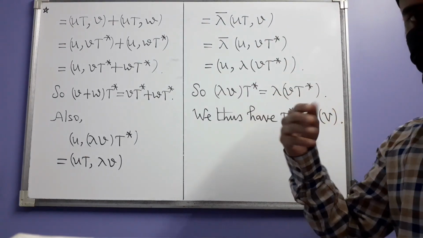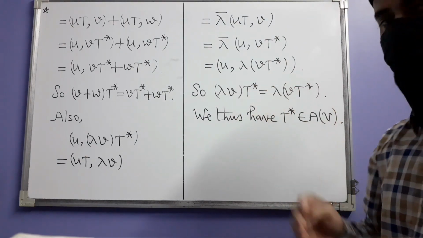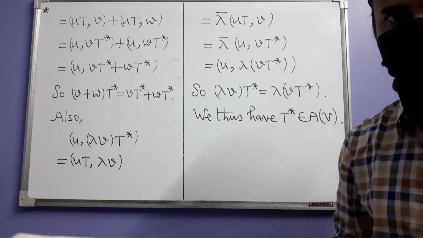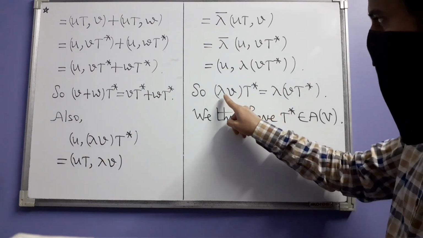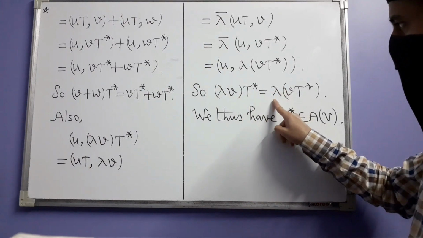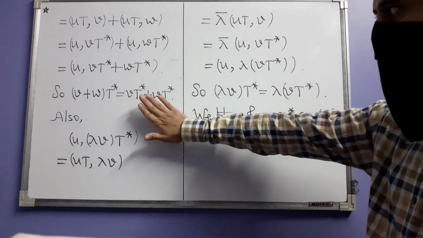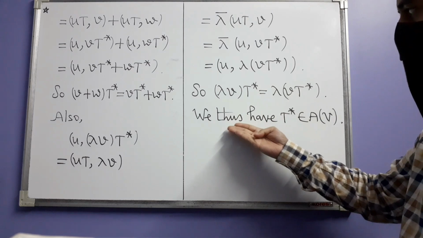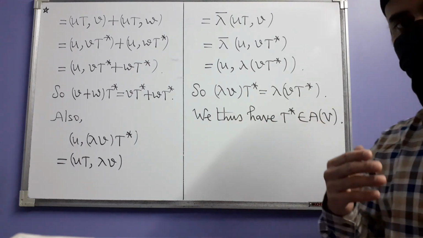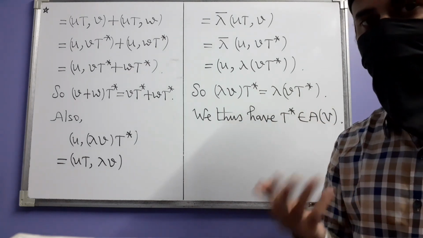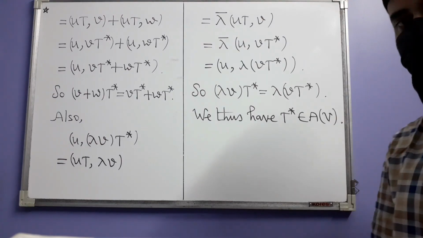So isn't this the fact that T star respects scalar multiplication? Yes, because the T star image of lambda v equals lambda times the T star image of v. So combining this and this, you have the fact that T star is also a linear operator on V. That means it belongs to this algebra.